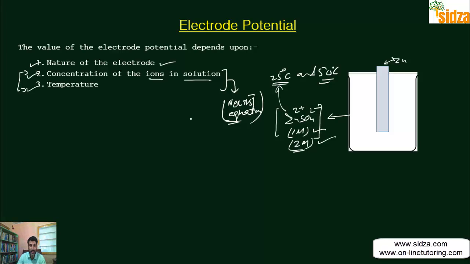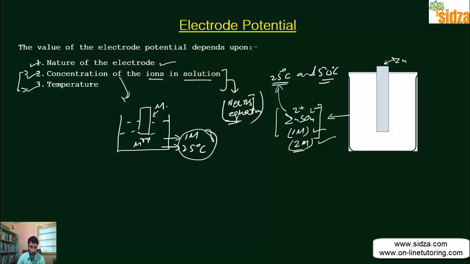Which means that if you take an electrode under the standard conditions, the standard condition means 1 molar concentration. Suppose we have a metal rod, and you insert the metal rod in a solution containing the metal ions, and the concentration here is 1 molar and the temperature is 25 degrees Celsius.